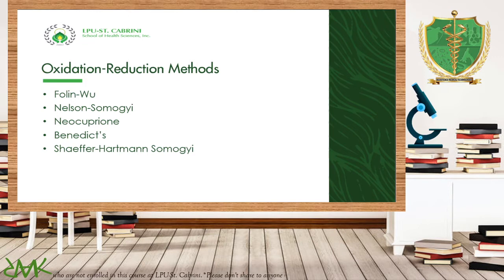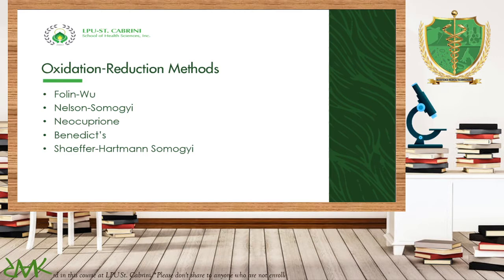In the oxidation reduction method, the main principle is the ability of glucose to directly reduce cupric ions into cuprous oxide or cuprous ions, cupric ion into cuprous ion, and this test is performed in the presence of heat.